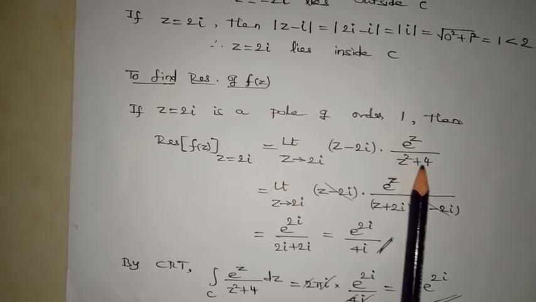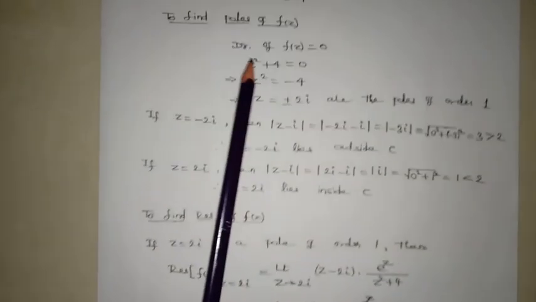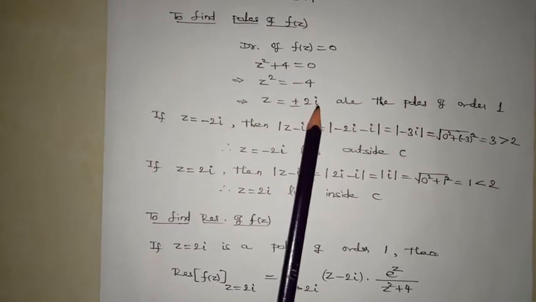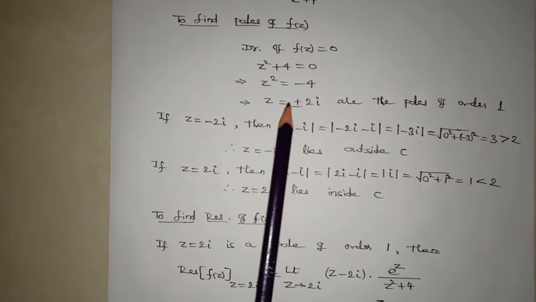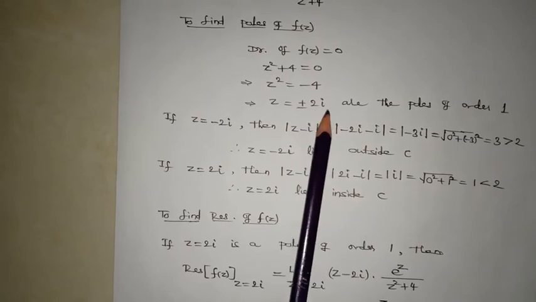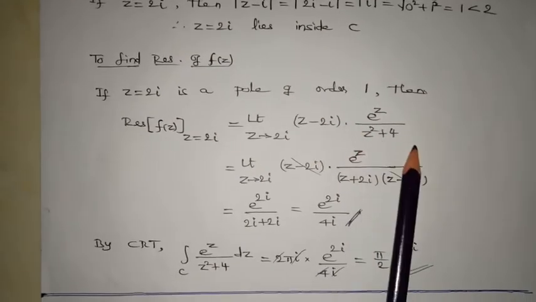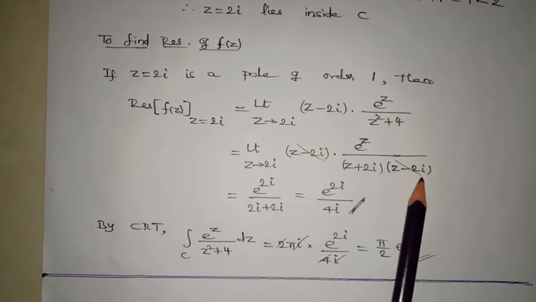How to write z square plus 4? We already know the factors: z equal to plus 2i and minus 2i, so z square plus 4 can be written as z plus 2i into z minus 2i.